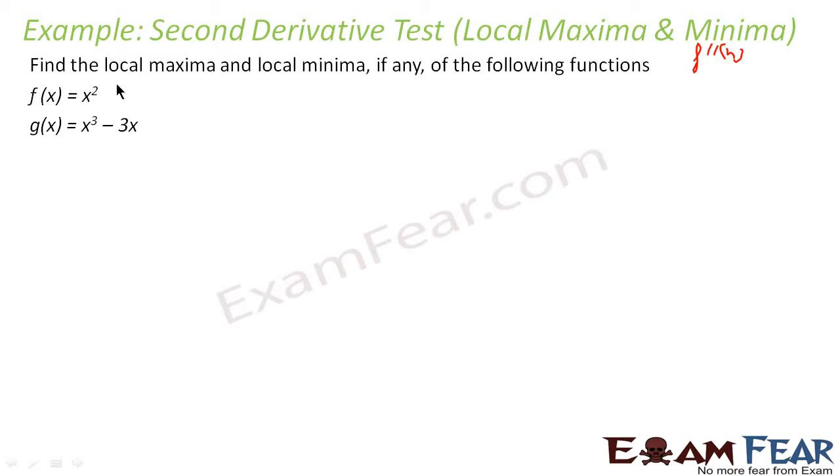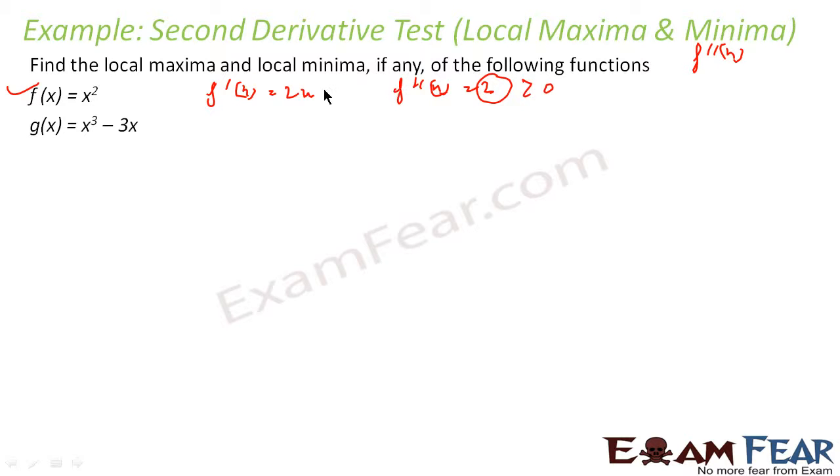So let me find f dash x for this first, and that is nothing but 2x. And let me find f double dash x, and that is nothing but 2. If you see, this is positive for any number, that is, it is greater than 0. So what I'll get is minima.